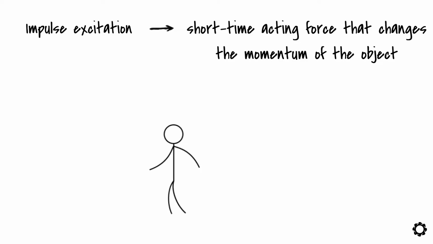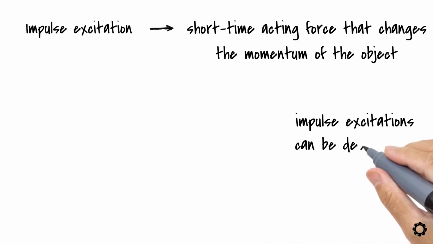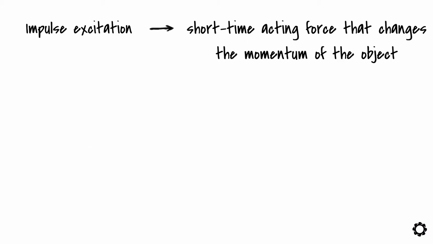Fun, isn't it? It is important to mention that impulse excitations by their own nature can be very destructive. As in the case of harmonic excitations, a short force could cause the material to exceed its yield strength, producing a localized, if not complete, failure.